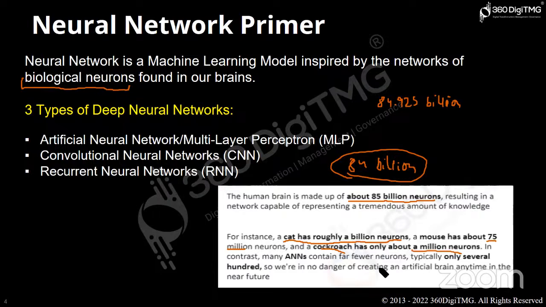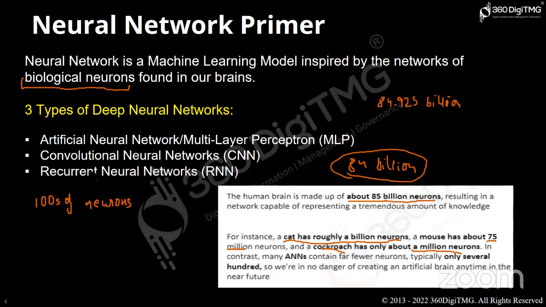Now here you can understand that cockroaches are nothing but an annoyance. They are just creatures who don't have a lot of ability to process information, who are there to either scare people or to annoy people. But artificial neural networks only have several hundred. All right. So you're looking at hundreds of neurons. So in a way, these artificial neural networks can process way less information than a cockroach can, a mouse can, a cat can, let alone a human.